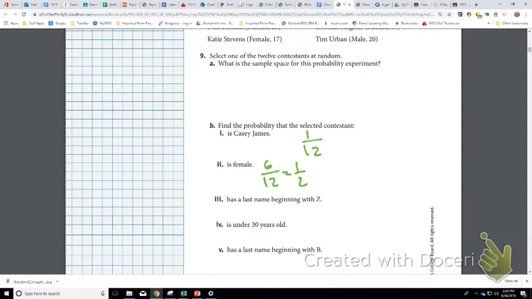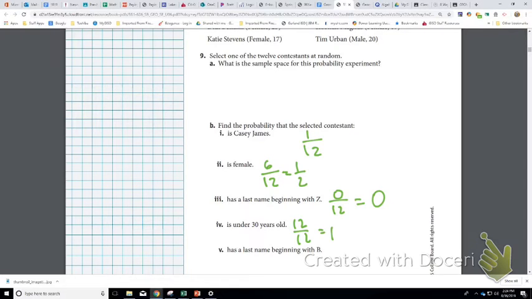Has a last name beginning with Z? 0. So 0 out of 12 is 0. So that's the low, right, on our little scale. Is under 30 years old? 12 out of 12. It's all of them. 1.